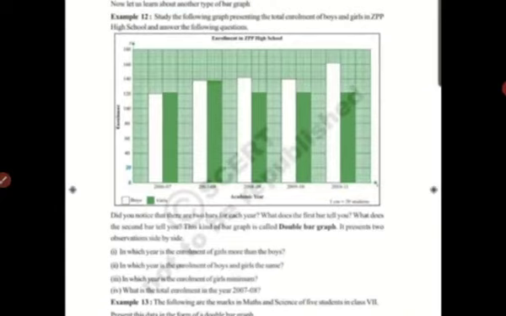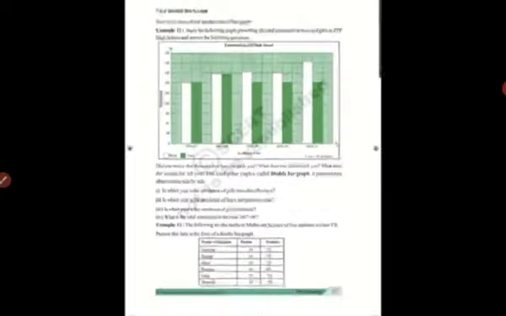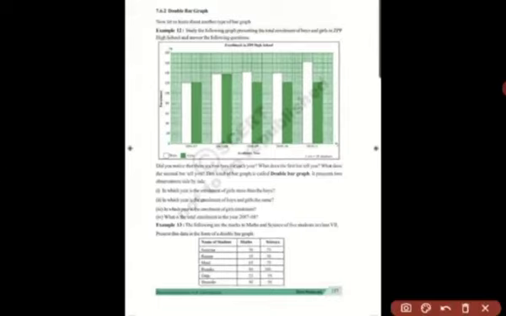So what are the uses of double bars? We had seen in the video that you will have two quantities side by side to be compared right here, which becomes easy for you. We are comparing the enrollment of boys and girls together in the same graph, isn't it?